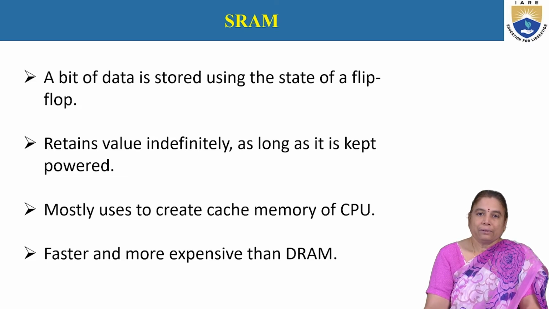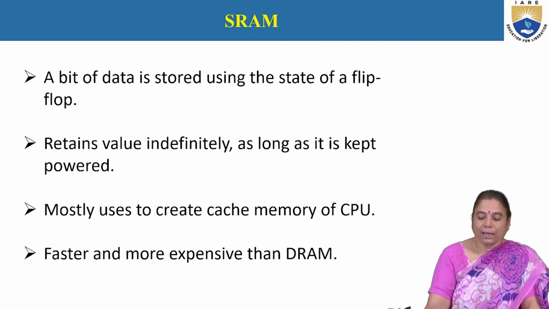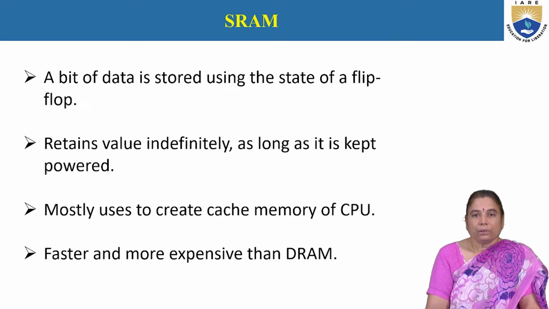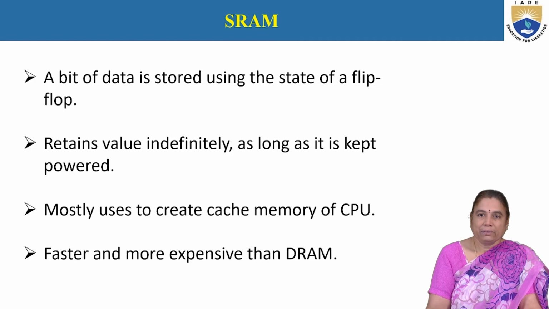Two variants are there in the RAM: one is SRAM, the second one is DRAM. SRAM means a bit of data is stored using the state of flip-flops. SRAM is constructed with the flip-flop as its main electronic component. It retains its value indefinitely as long as it keeps the power, so the RAM is volatile in nature.